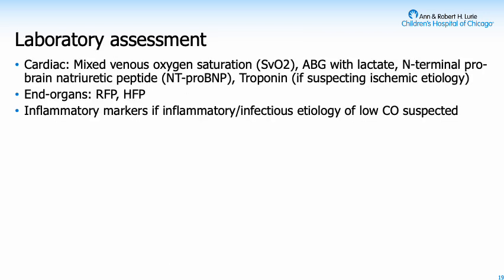As for labs, I like to think of cardiac, end organ labs, and systemic labs. For cardiac, most importantly, if we have a central venous line, a mixed venous oxygen saturation, which NIRS are a good surrogate for non-invasively; an arterial blood gas with a lactate if an arterial line is present, also could be obtained by an arterial stick; N-terminal pro-BNP if there is a concern for left atrial stretch or left ventricular dilation with cardiac failure; or troponin if suspicious of an ischemic etiology, although not recommended if not concerned for ischemia.